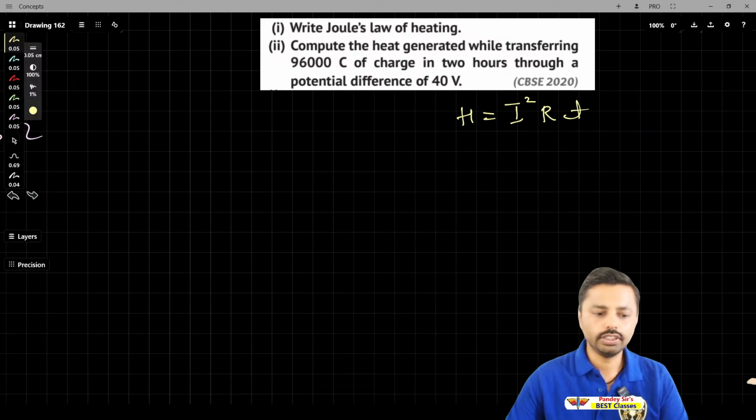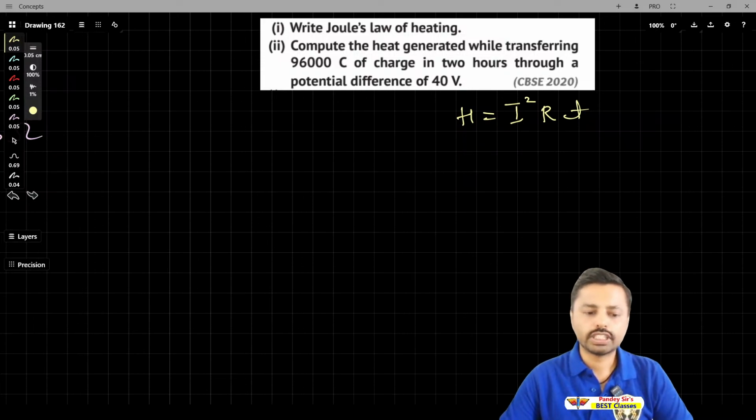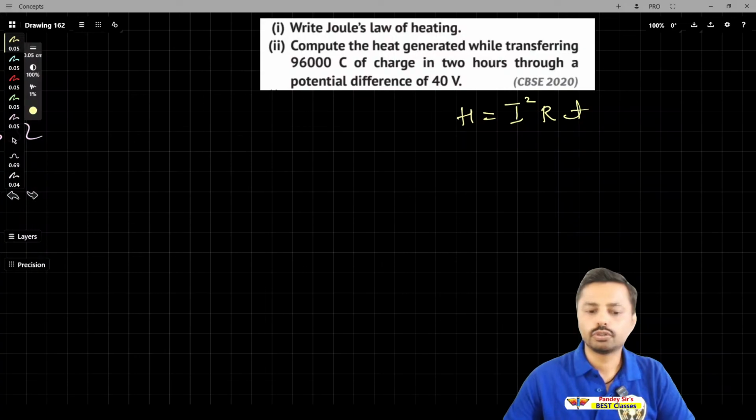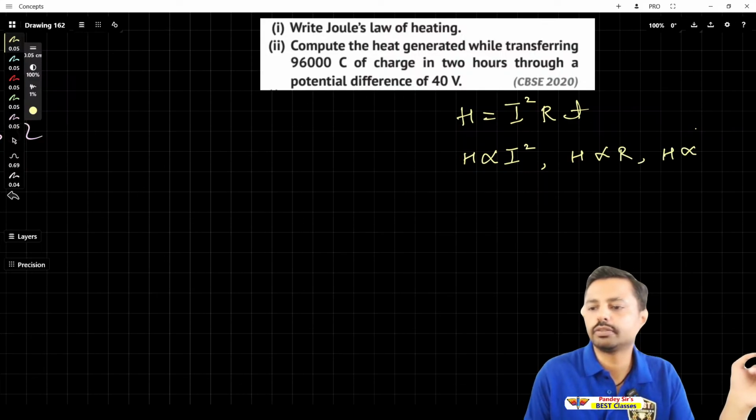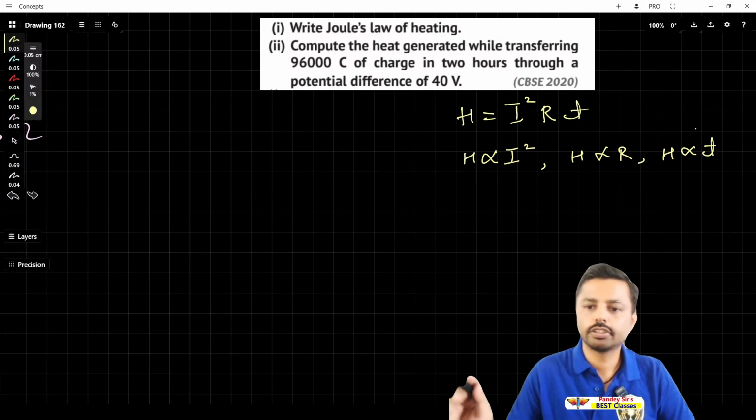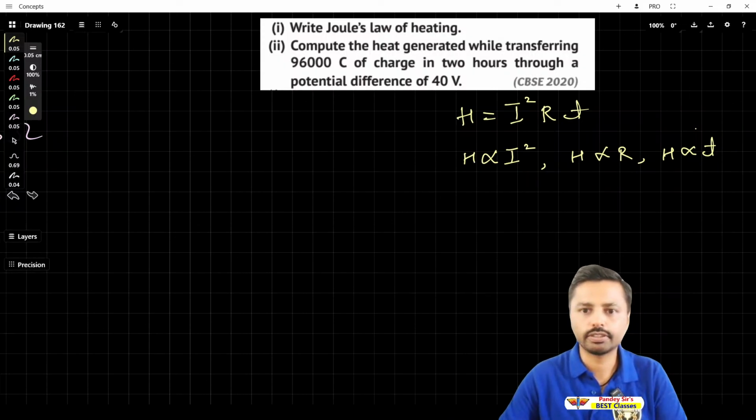And C, directly proportional to the time for which the current is flowing through it. When you say directly proportional, you should write H is proportional to I square. Likewise, H is proportional to R and H is proportional to T. That is called directly proportional, this symbol. Keep in mind, it will be useful in 11th and 12th.